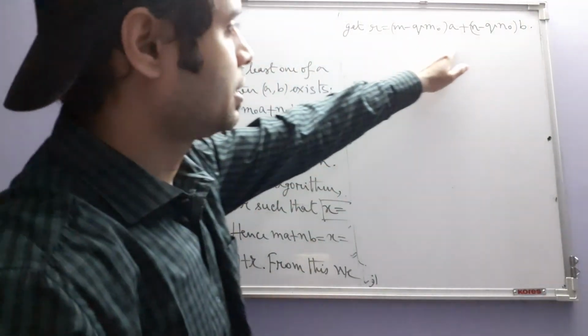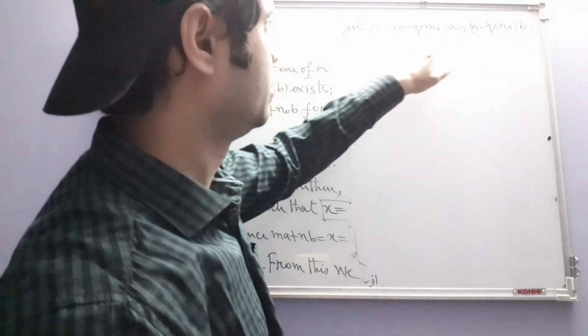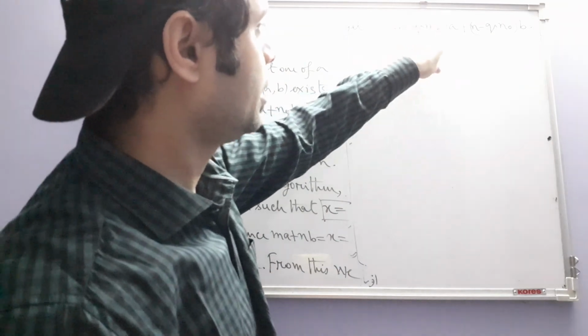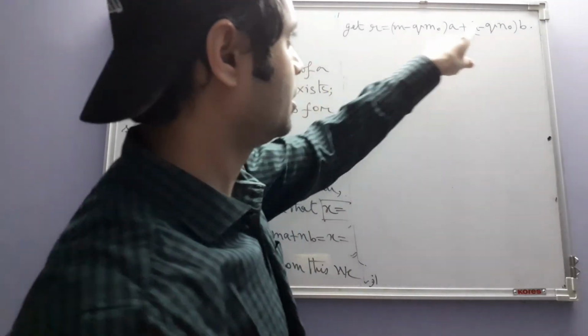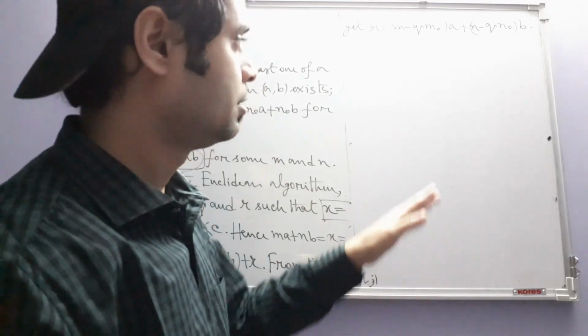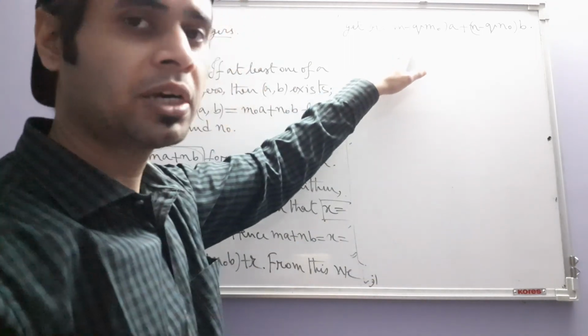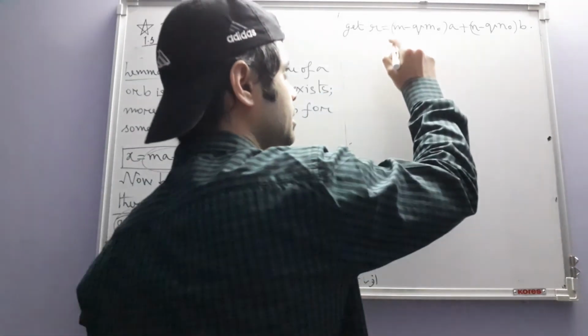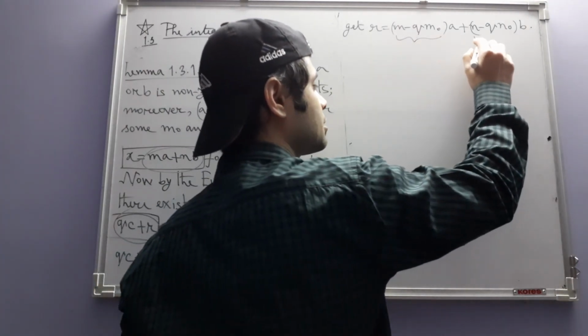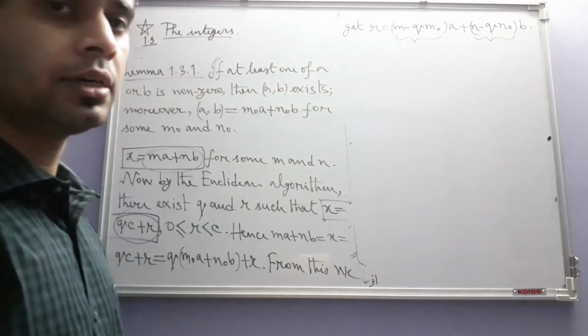Now look at this integer. M naught, N naught, Q, all these are integers. So from the basic properties of integers, these two things inside the brackets are integers.